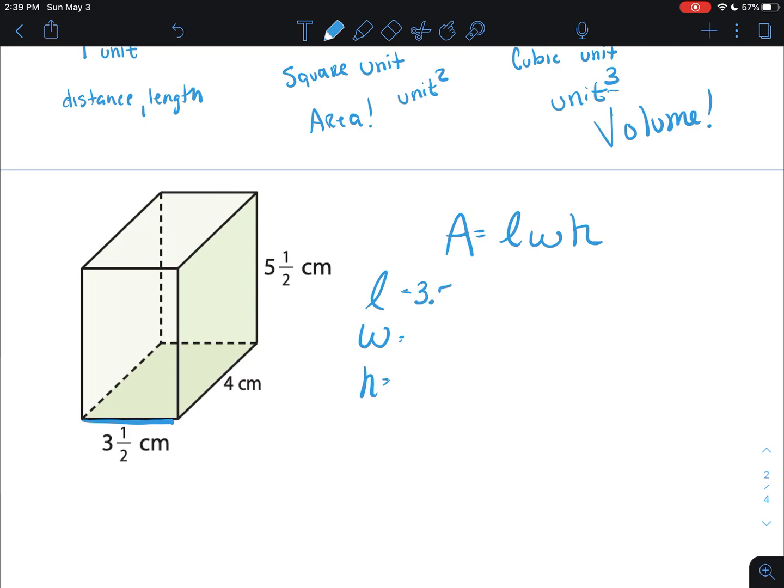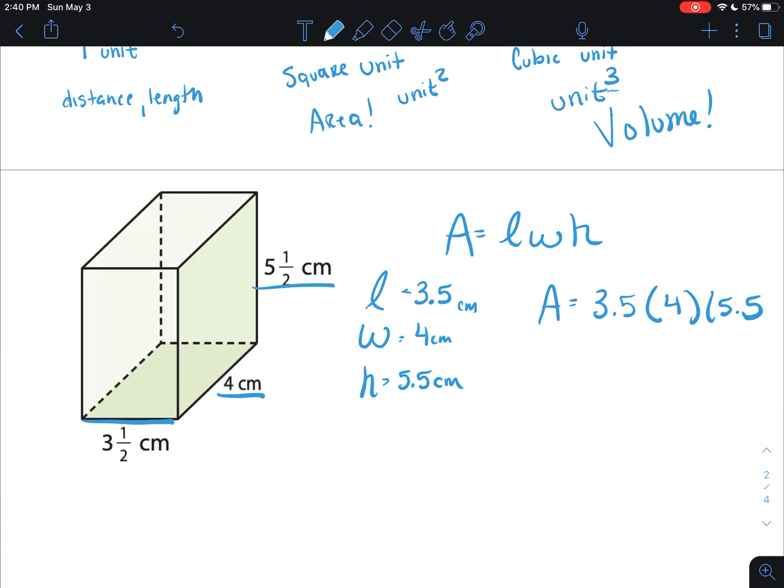We'll say the length in this case is 3.5, but I'm not a big fan of fractions, so I'm using 0.5 for the half. The width is 4 centimeters, and the height is 5.5, because I like decimals. So now plug it in. Volume equals 3.5 times 4 times 5.5.